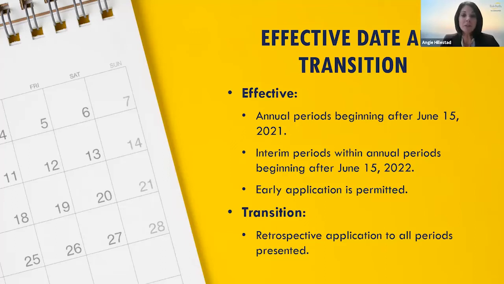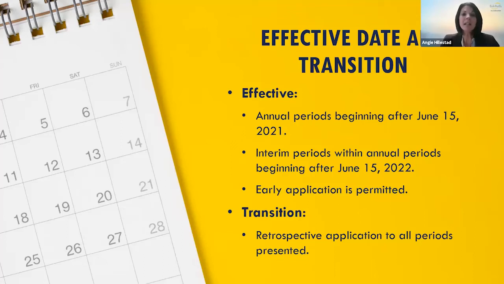If you're a calendar year not-for-profit organization, this is going to be effective for your December 31st, 2022 financial statements. So a little bit of a twist here, because normally what we see are the December 31st year ends adopting before the June 30 year ends, but this is working a little bit of the opposite this time.